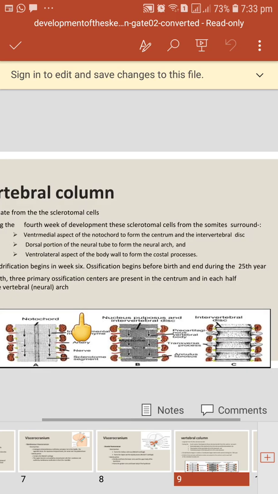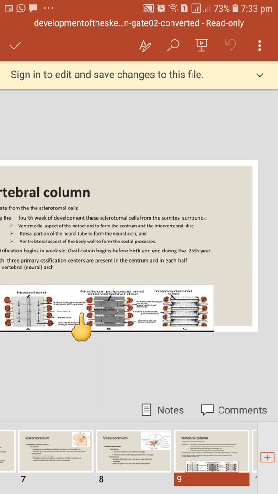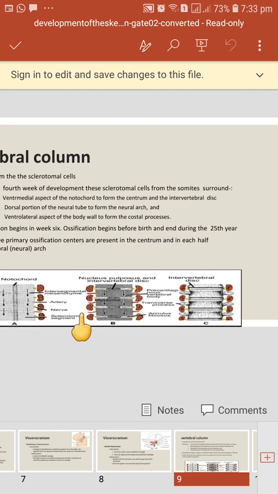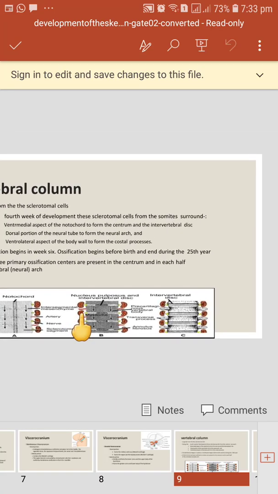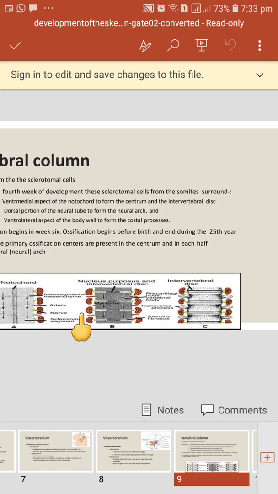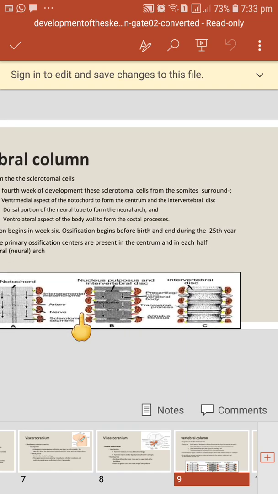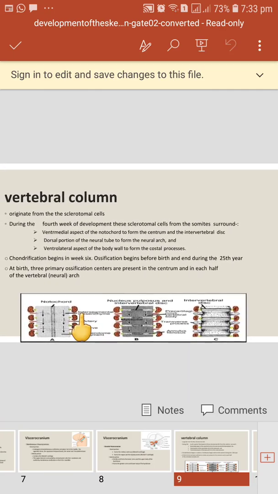In the center you can see the nucleus pulposus is developed. Then the precartilaginous vertebral body is developed. The transverse process, annulus fibrosus, and ultimately the intervertebral disc get ossified and it is formed.